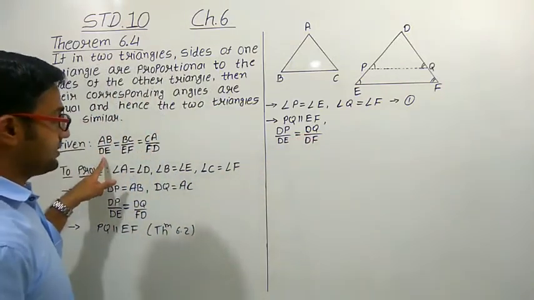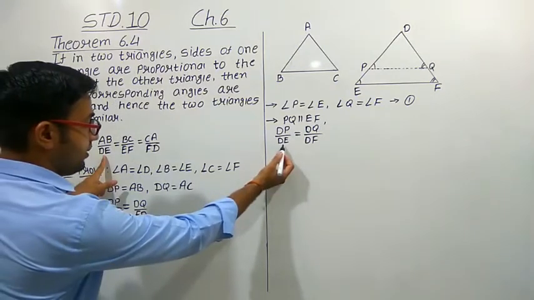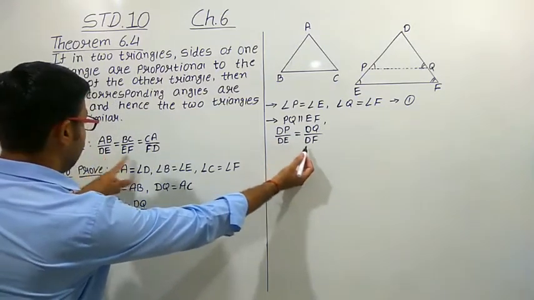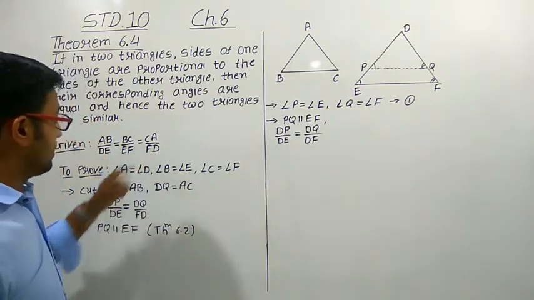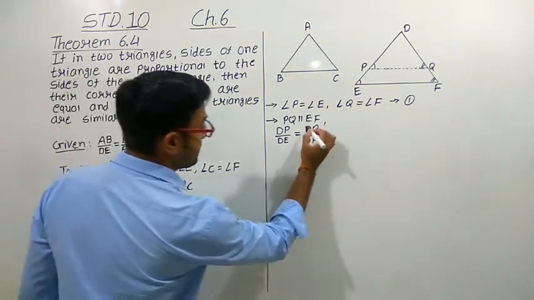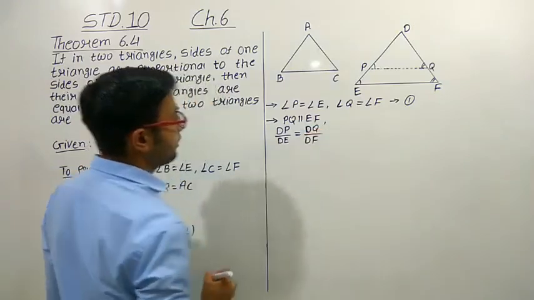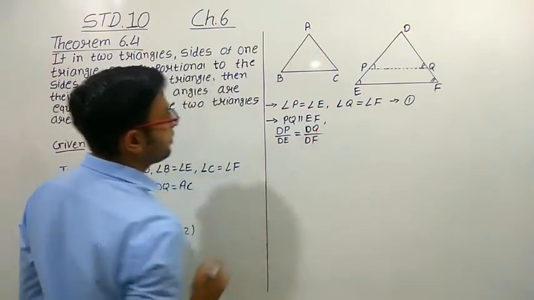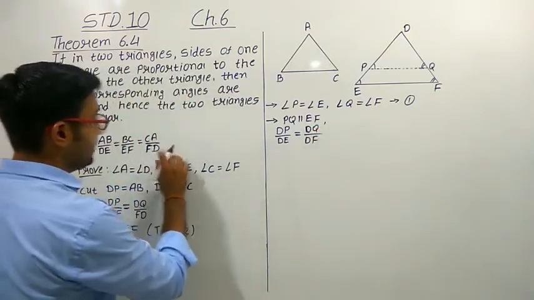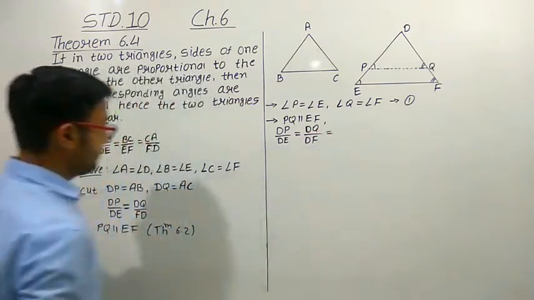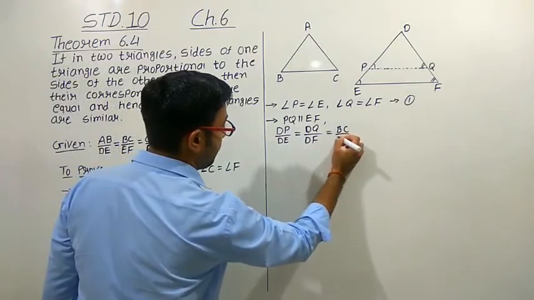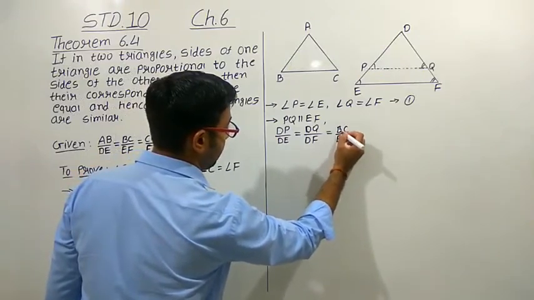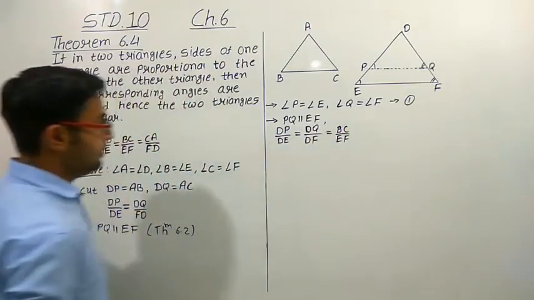we have to compare. See, DE is there in the denominator and DF is also there in the denominator. Okay, so now what we can write down here is, so now this thing also we can write down here is that BC upon EF, BC upon EF, right?